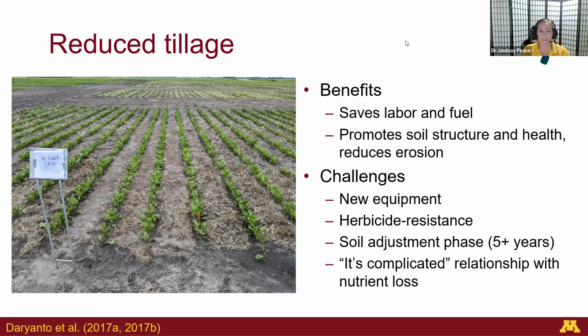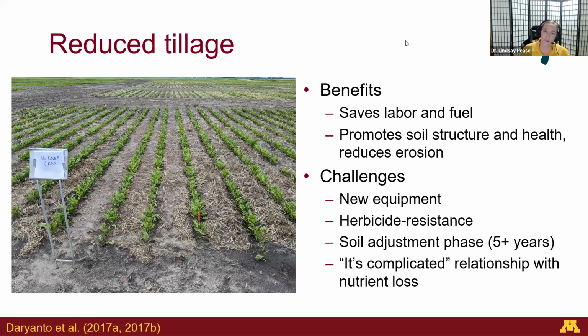And tillage, besides preparing the seed bed, has its main benefit in weed management. So as some of these weeds have become herbicide resistant, just like how bacteria species become antibiotic resistant, the same thing happens with our weed and pest species. And so farmers are losing a tool in their toolbox that helps make reduced tillage easier to transition to. So again, we're still working on what that balance is, but sometimes, just seeing where somebody is coming from, and that answer of why don't we all just already do this? That is a potential reason why.